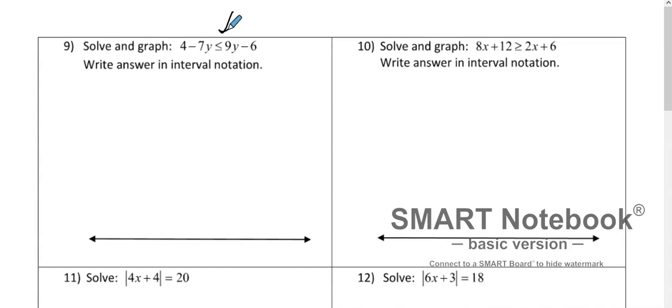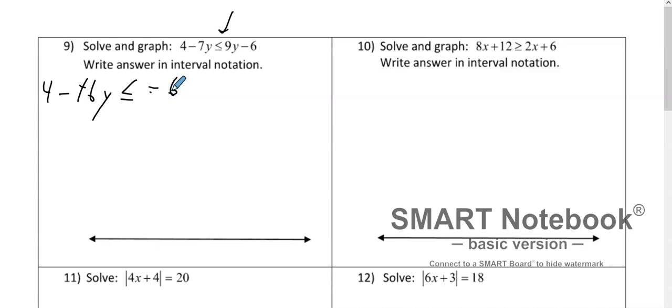All right? So the 4 is going to stay. Negative 7y minus 9y is negative 16y, less than or equal to just the negative 6.